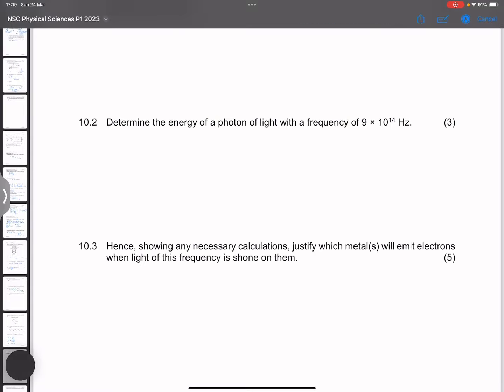And please remember our magic formula, E equals hf. So we're going to say that's Planck's constant, which is 6.6 times 10 to the minus 34. Of course, if you are doing the DBE, you're going to use 6.63, multiplied by the frequency, in this case 9 times 10 to the power 14.